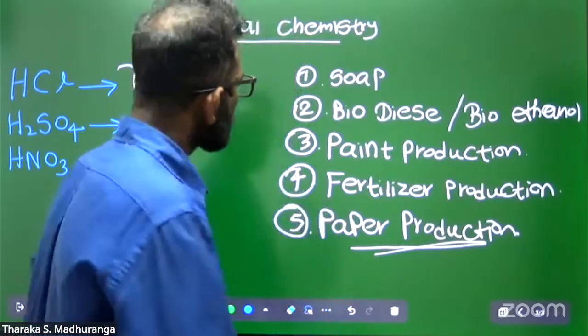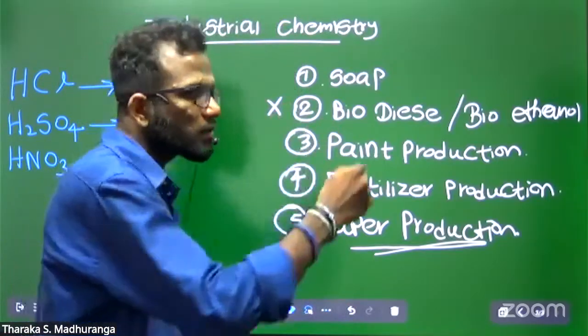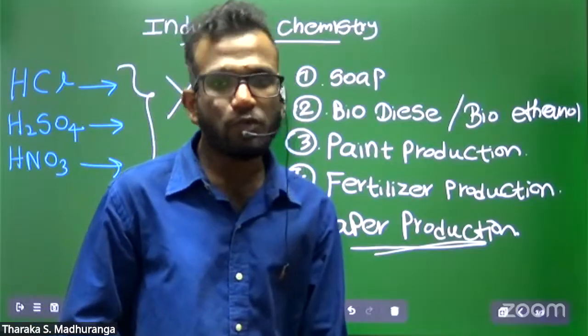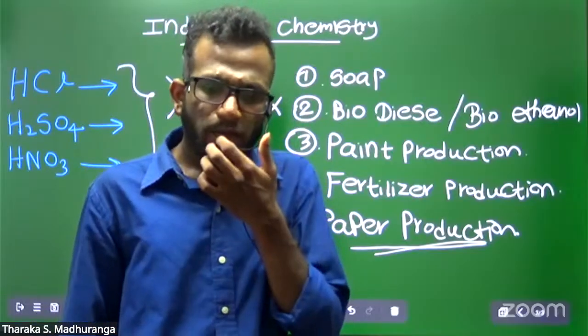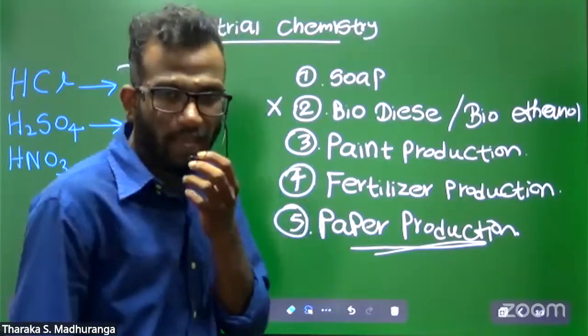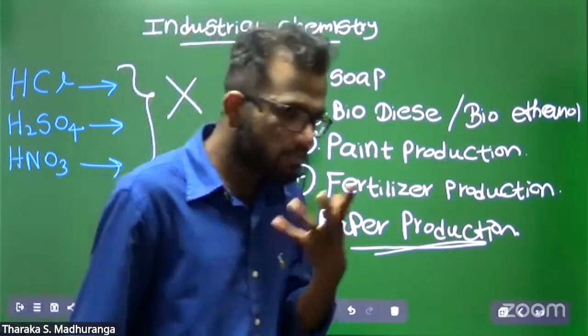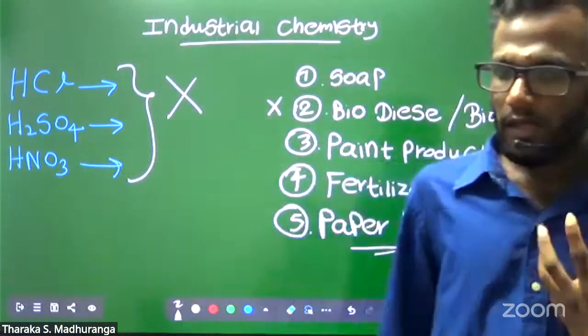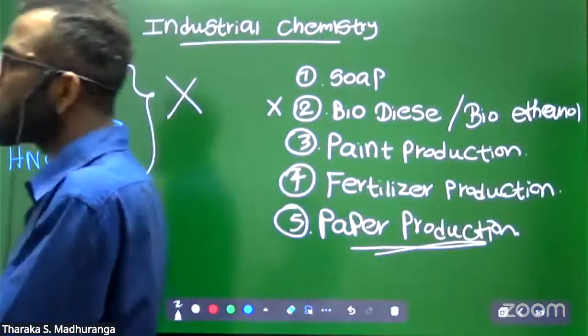In Sri Lankan conditions, we do not produce biodiesel, but we have enough sources to produce biodiesel and bioethanol. We do not produce biodiesel and we do not use it. Okay, we can discuss in this part one by one how we produce.